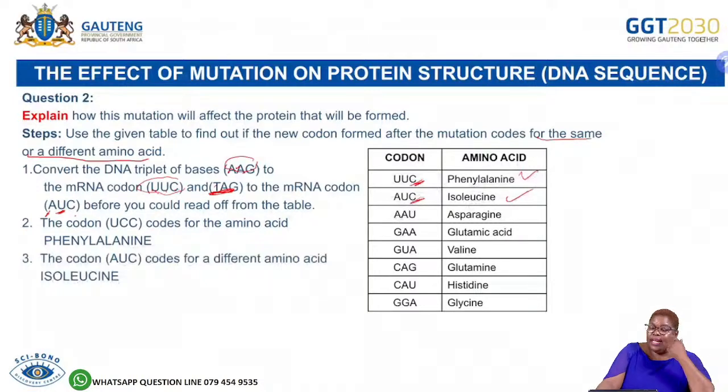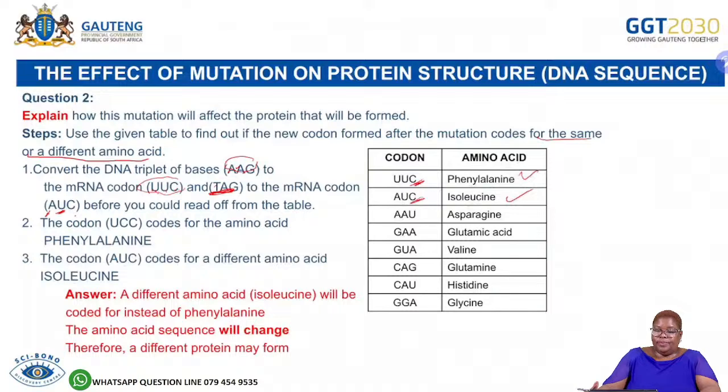Now, in this scenario, we've got different amino acids being formed. And when different amino acids are formed after mutation has taken place, this means that, listen, a different amino acid will be coded for instead of phenylalanine.